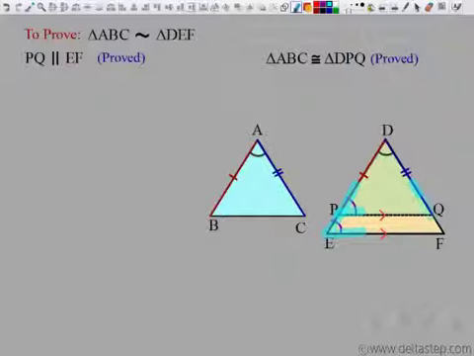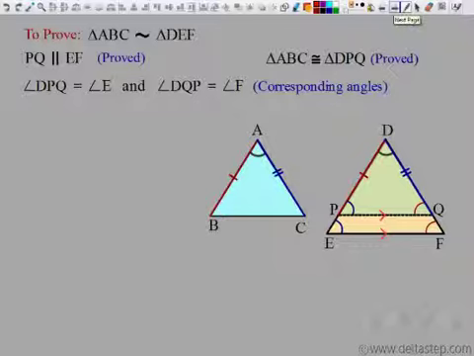Again, I can see another F here. So what I can say is that this angle would be equal to this angle. So DQP would be equal to angle F. Why? Corresponding angles again. So I get this. So DPQ is equal to E and DQP is equal to F. So these two angles are equal because they are the corresponding angles.